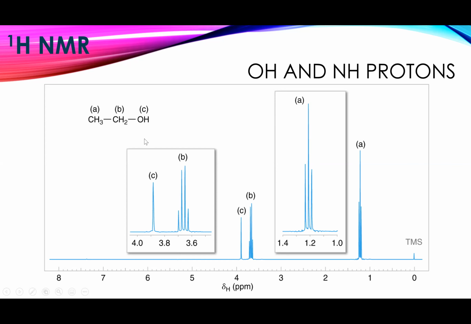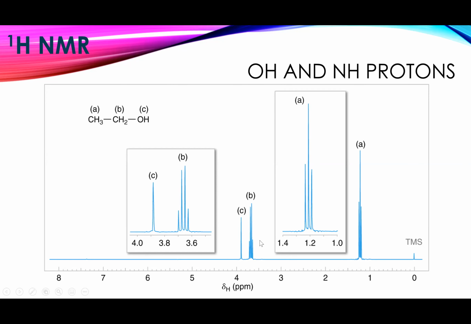So first of all, I want to point out that the hydrogen on the oxygen atom is not split. Even though the carbon next door has 2 hydrogens on it, there is no splitting seen by that hydrogen. So that's one sign that you have an OH proton. The shift is also a little further down.